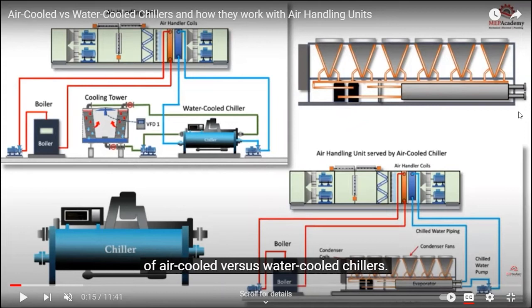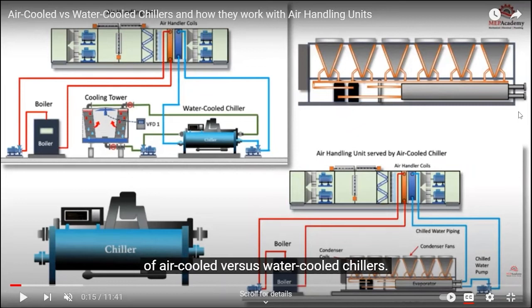What is the best thing and what is the worst thing? I don't know. For a really huge and demanding building, I think the water-cooled chiller is more efficient, but it has to be a very large building. In this building, we have air-cooled chillers.